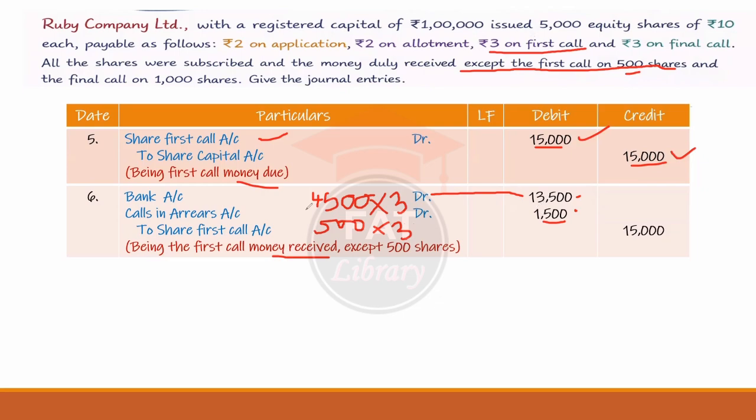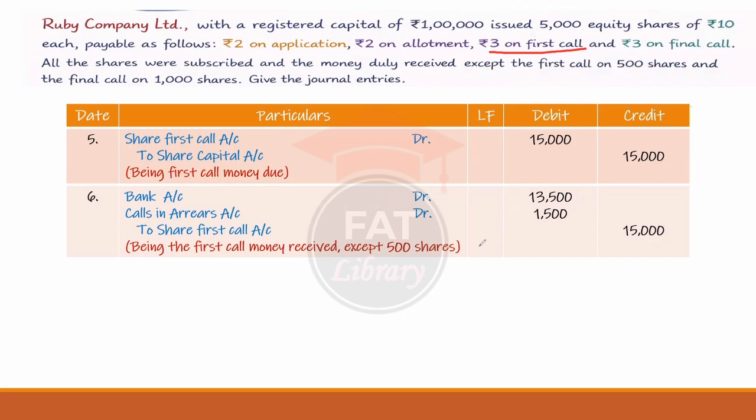So that 1,500 rupees they consider as calls in arrears. They are not cancelling the share. Remember this, calls in arrears. They may get it in future, may not. They have not yet cancelled the shares. So in the first call, money received except for 500 shares. This is how we need to show the calculation when calls in arrears are there in the questions.